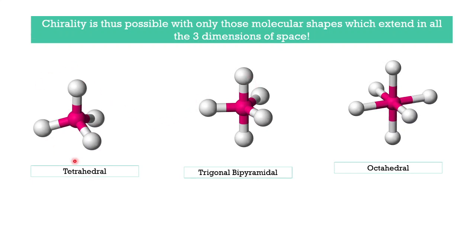Chirality is thus possible only with molecular shapes which extend in all 3 dimensions of space. So those shapes are tetrahedral, trigonal bipyramidal, and octahedral. These are the common shapes. There can be more shapes which extend in 3 dimensions, but these are the common ones.